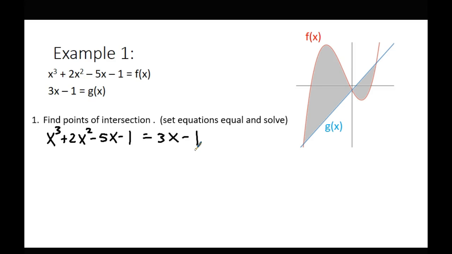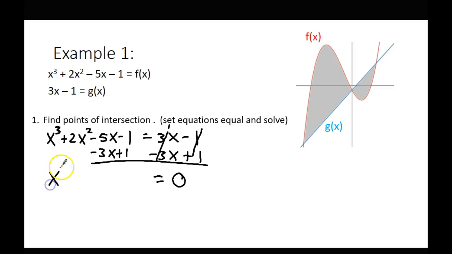That's how you solve a polynomial equation. You set up everything on one side equal to 0. So let's do that. So on the right side we have 0 now, and on the left side we have x cubed plus 2x squared minus 8x.